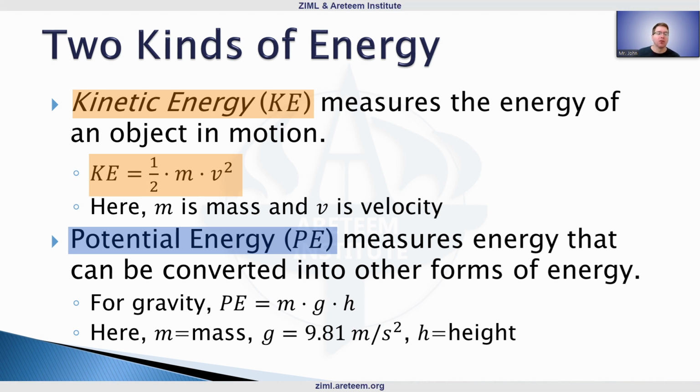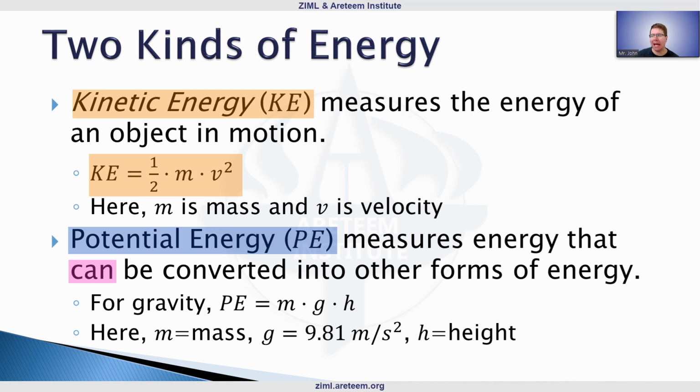Of course, if we're talking about gravity and objects falling, then as an object falls, that potential energy is converted into kinetic energy. For gravity, it's mgh, using our meters and seconds, where g in this equation is meters per second squared, m is the mass, and then we have the height that the object is falling as well.